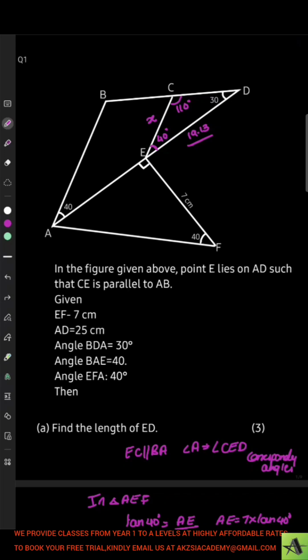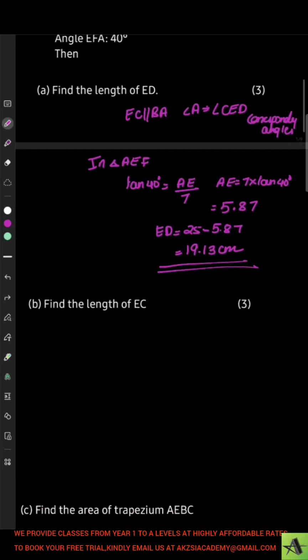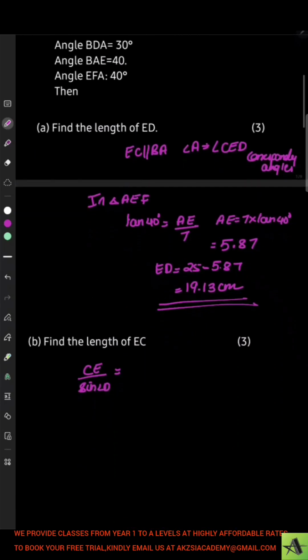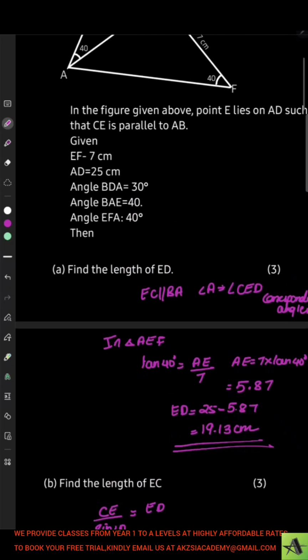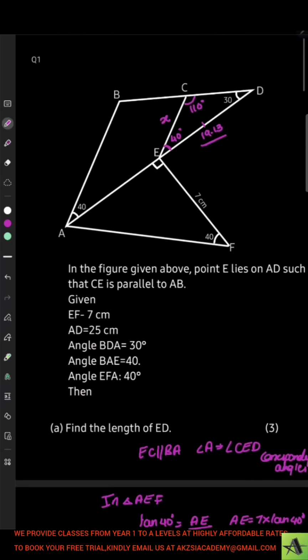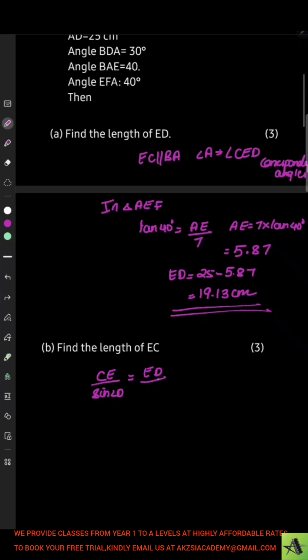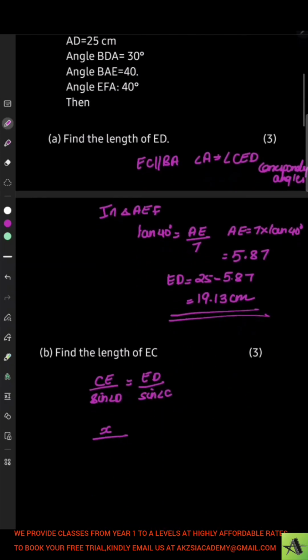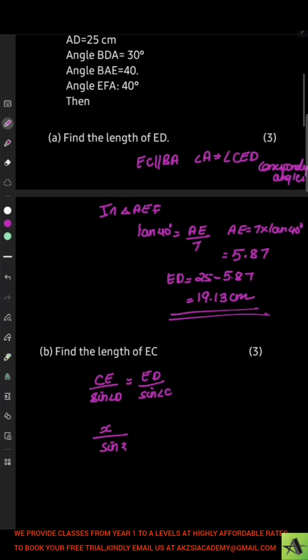So in this case, CE over sine of angle D is equal to ED, because the length of ED is known, so obviously I'll be taking ED, and the angle opposite to ED is angle C. So sine of angle C. CE, let's say, be X, and angle D is 30, sine of 30.